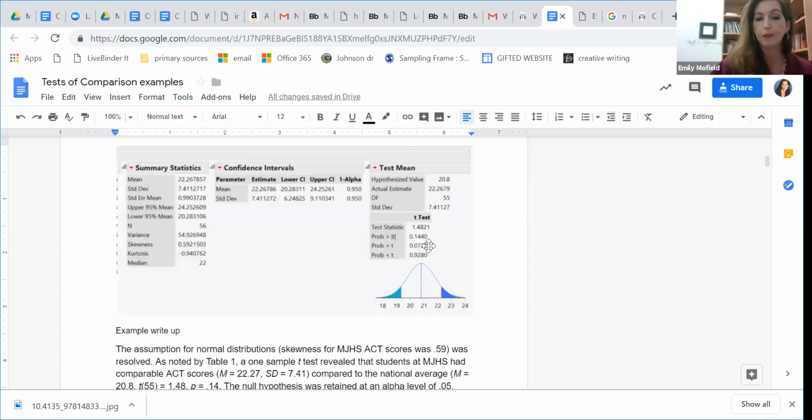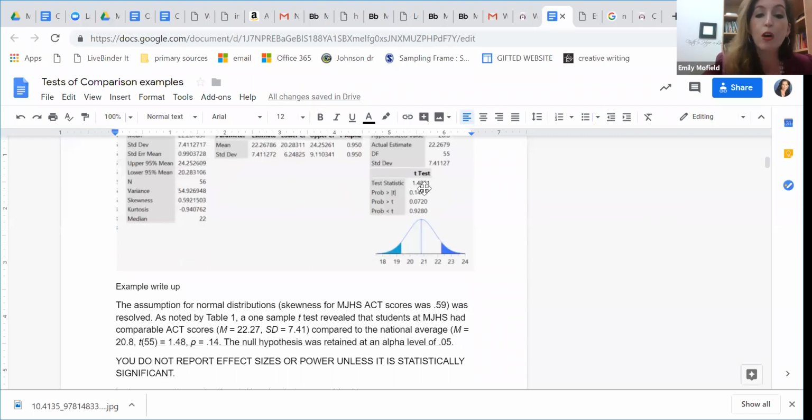And actually, that would have almost been significant here. You see, because it's almost at a 0.05. Yeah, truly almost, Mount Juliet High School's average was higher than the others. But we didn't state that from the beginning. We stated a non-directional null hypothesis, just saying there would not be differences. So that's what I'm sticking to.